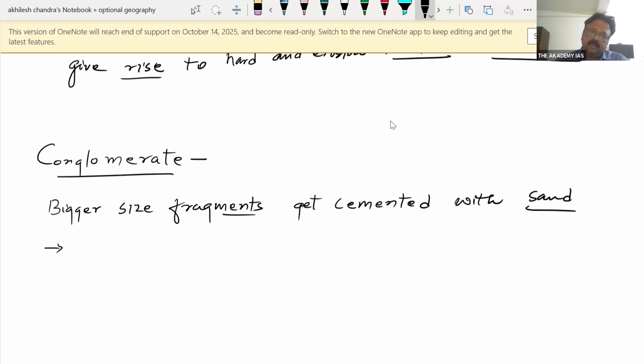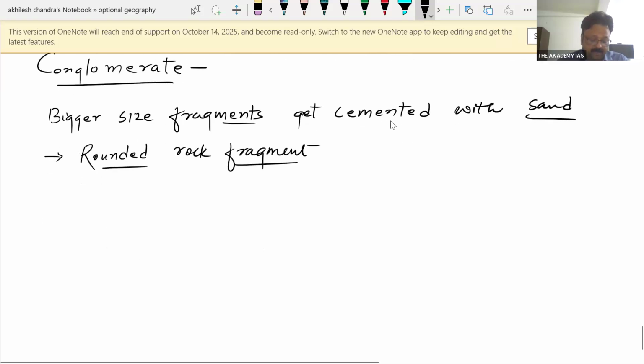Basically, they are rounded rock fragments of bigger size. It may be pebble, cobble, boulder, and gravel also. तो ये हो सकते हैं बच्चे gravel, boulders, pebbles, जिससे conglomerate बनते हैं.